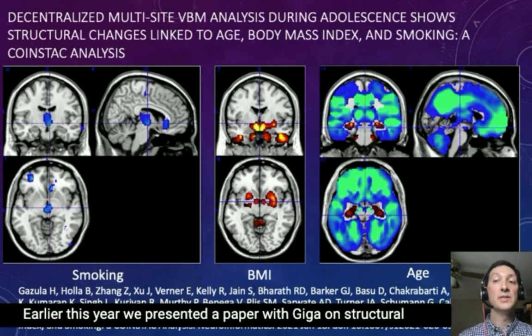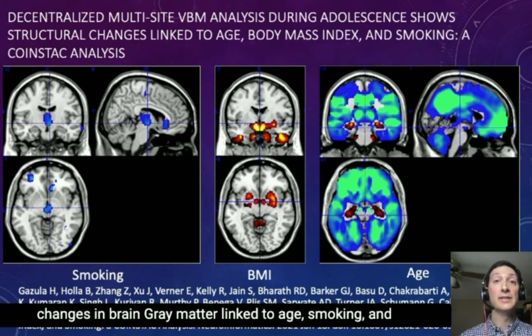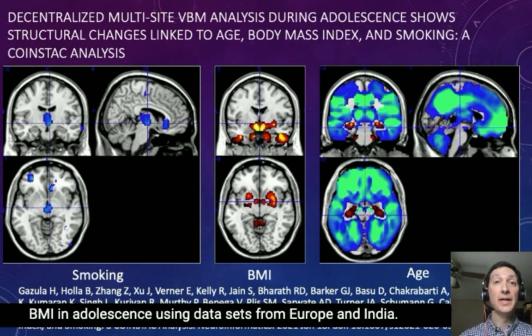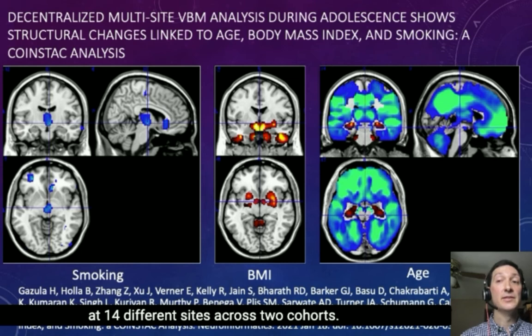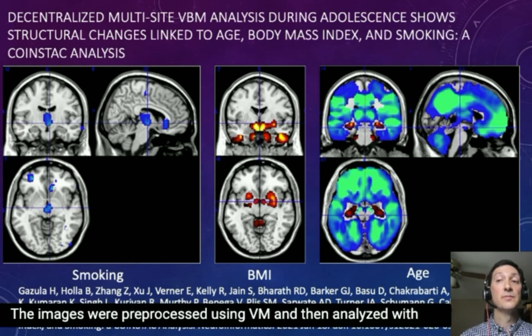Earlier this year, we presented a paper with GIGA on structural changes in brain gray matter linked to age, smoking, and BMI in adolescence using datasets from Europe and India. This analysis used over 2,000 structural MRI images collected at 14 different sites across 2 cohorts.